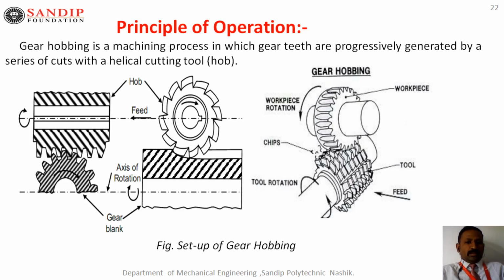Now the basic principle. It's a continuous process. This is a subtractive type of manufacturing process in which gear teeth are progressively generated by a series of cuts with a helical cutting tool. Now observe that figure. It is a 2D figure. This is a gear blank, a circular blank, with rotary motion, and this is the hob, like a worm or screw.